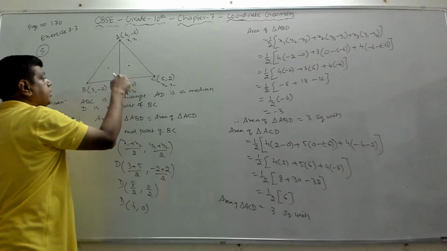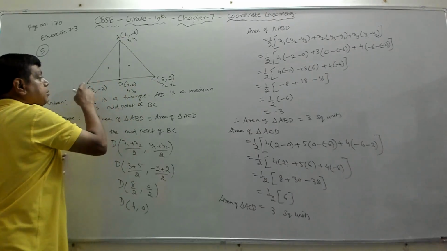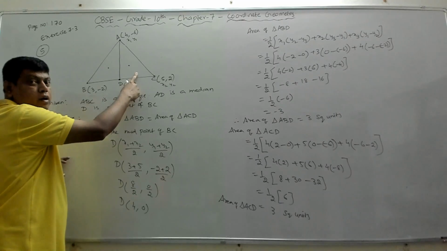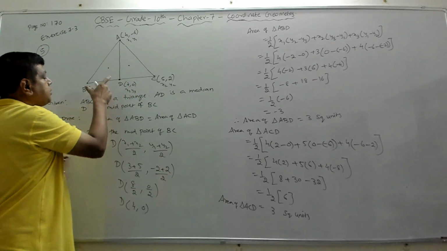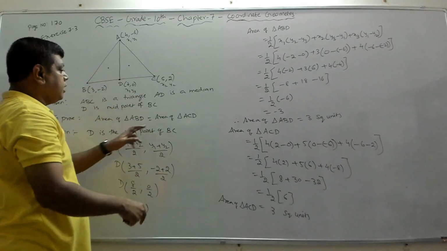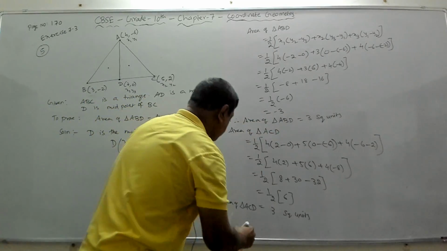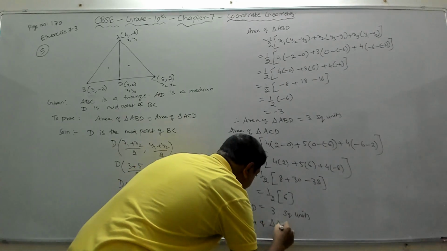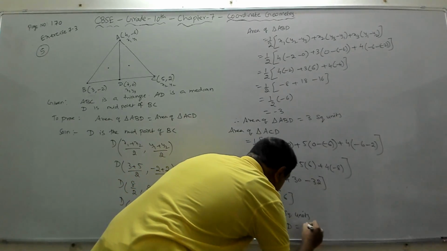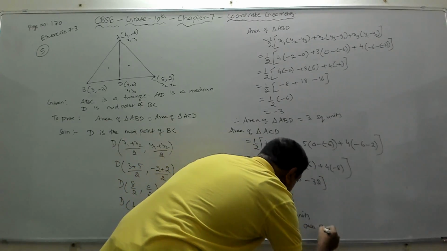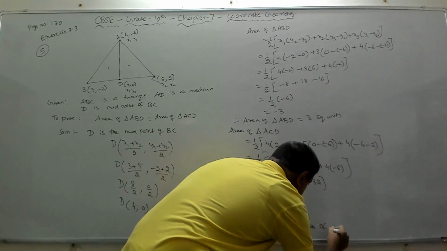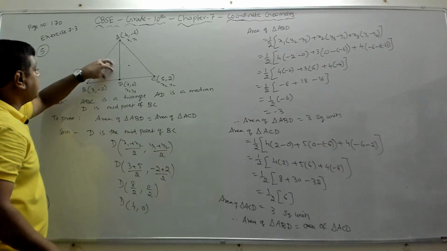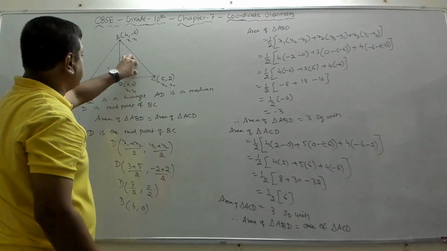The median AD will divide the whole triangle ABC into two triangles ABD and ACD of equal area, which means area of triangle ABD is equal to area of triangle ACD. Both are 3.